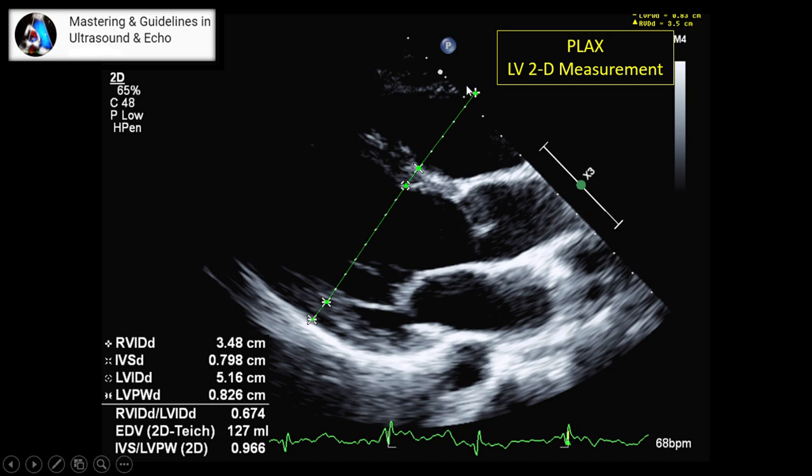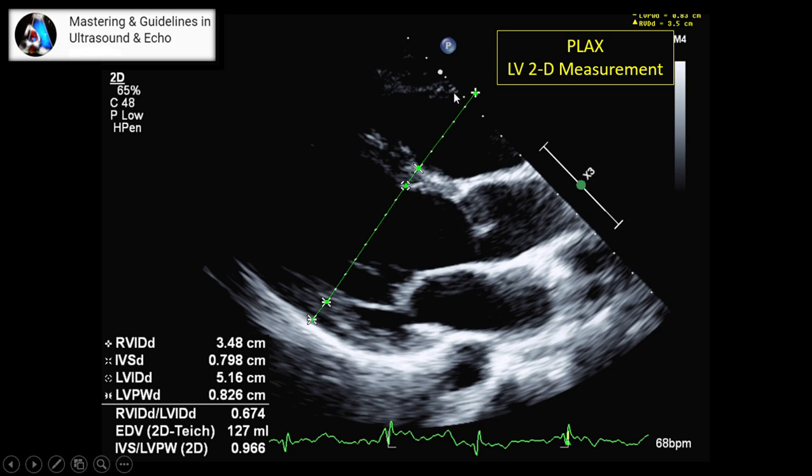Another measurement that we don't do routinely, only in cases of pulmonary hypertension or right-sided problems, is the RVOT diameter. We measure it if we have a good and correct PLAX view. We measure from the inner right ventricular free wall, at the level perpendicular to the aortic valve junction with the left ventricle at this spot.